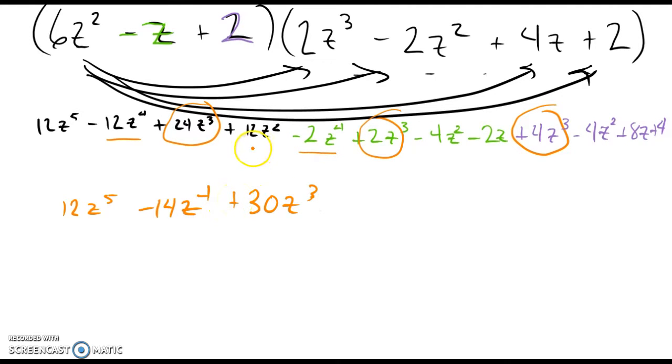And now my squareds. I've got my 12z squared, now I'm at 8z squared, and now I'm at 4z squared, so plus 4z squared. And now I have the 2z and the 8z, so plus 10z, and now we just have our 4, plus 4, and there's the solution to that one.